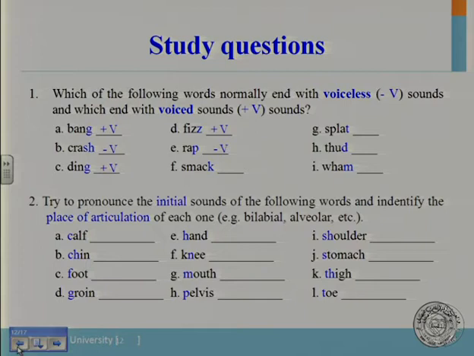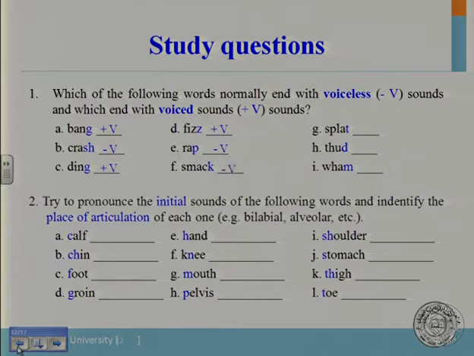Smack, k. Is it voiced or voiceless? Can you answer? If your answer is voiced, it's wrong. K is voiceless sound.